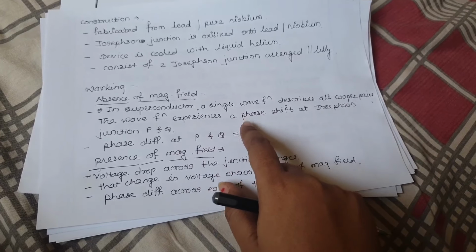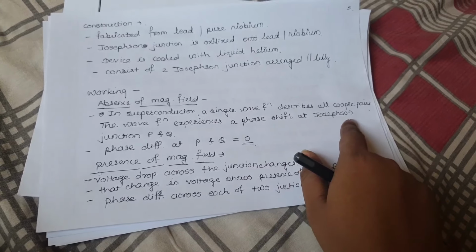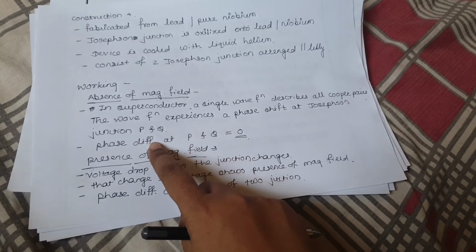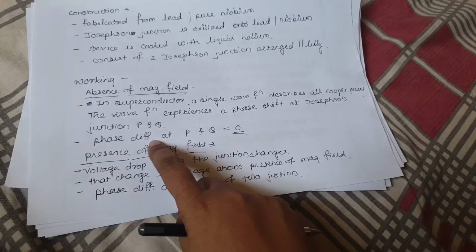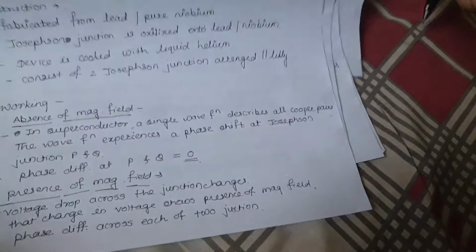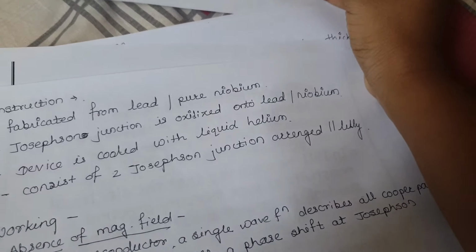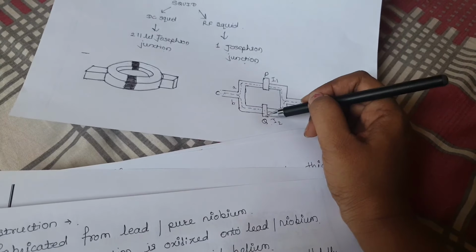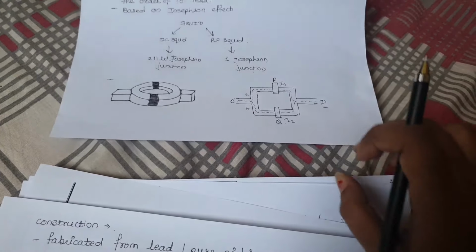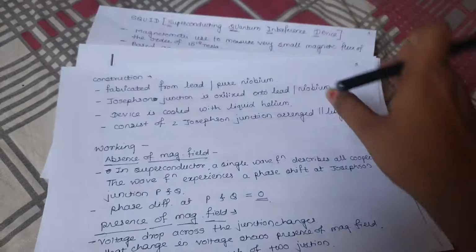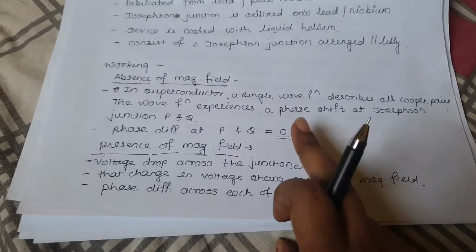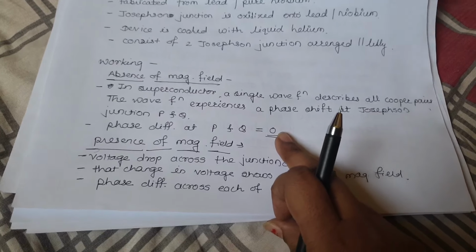That wave function experiences a phase shift at Josephson junctions P and Q. In the absence of magnetic field, the phase difference between P and Q is equal to 0.